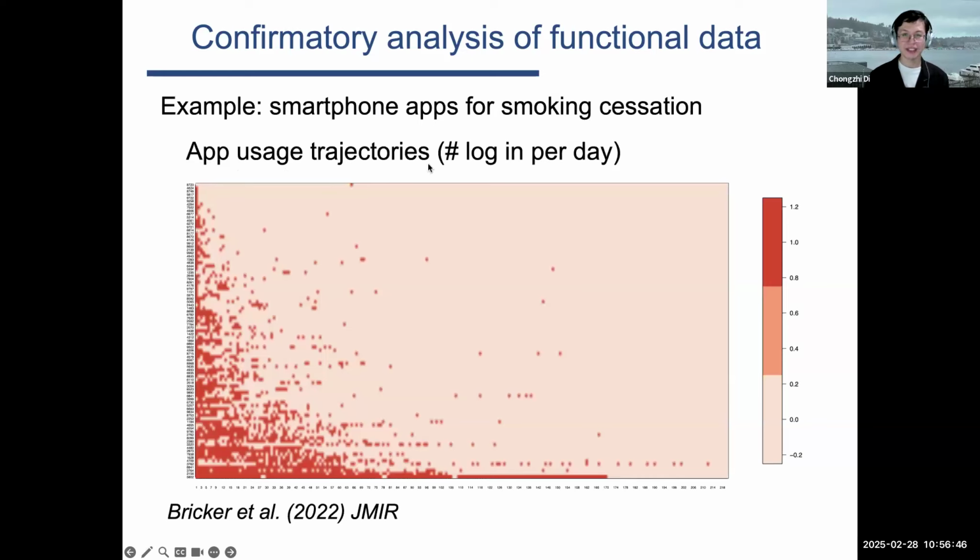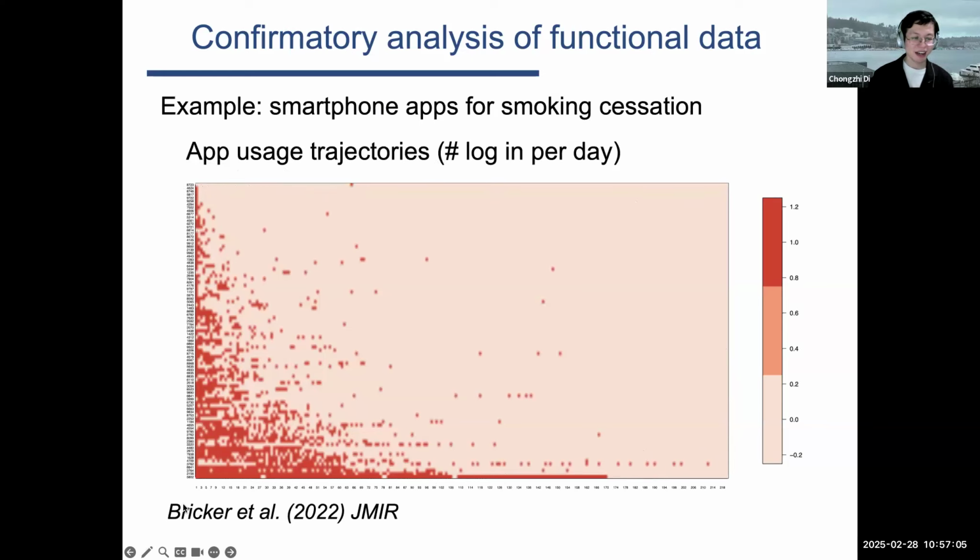This figure shows the raw data, at the daily level, I believe. We typically call this a lasagna plot. Each row here is one individual.